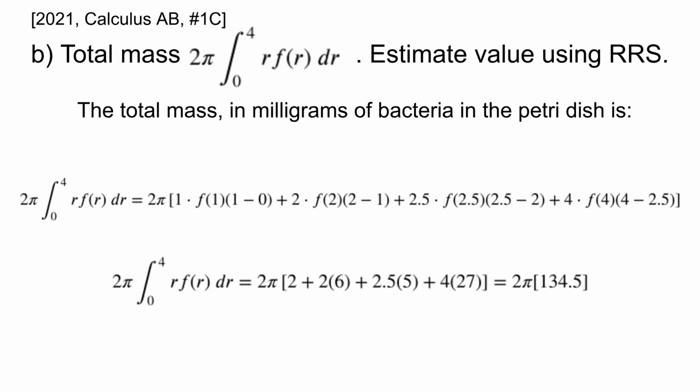And so we get 2 pi times this big group 2 plus 2 times 6 plus 2.5 times 5 plus 4 times 27, which eventually gets us 2 pi times 134.5. You're more than welcome to simplify that even further, but at this stage, it is not necessary to do so.